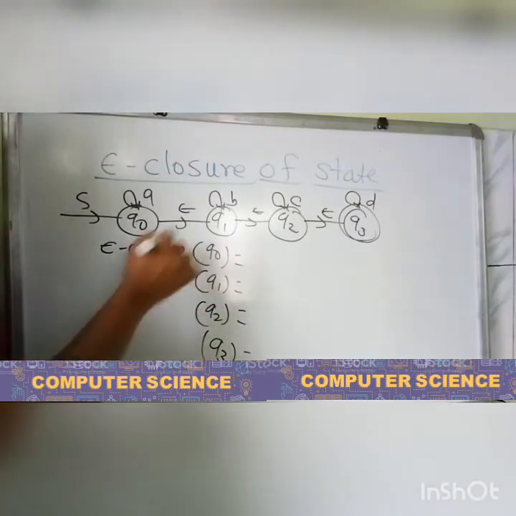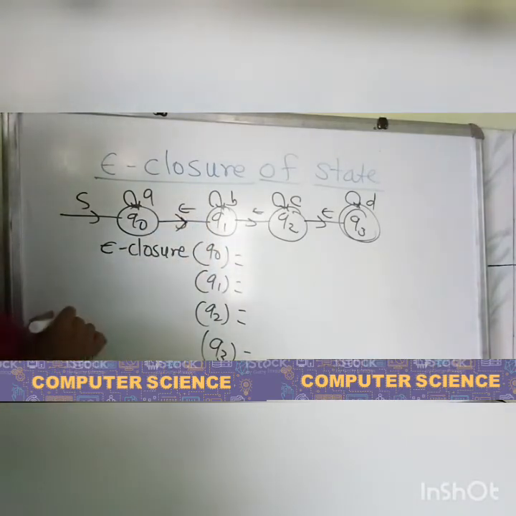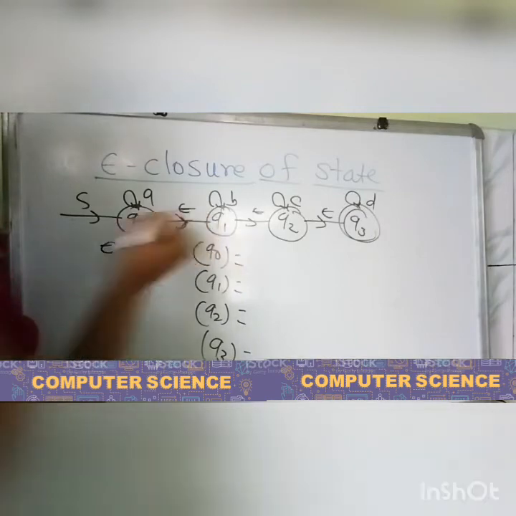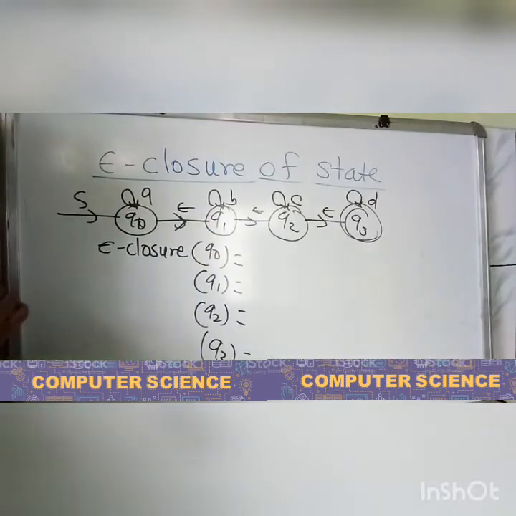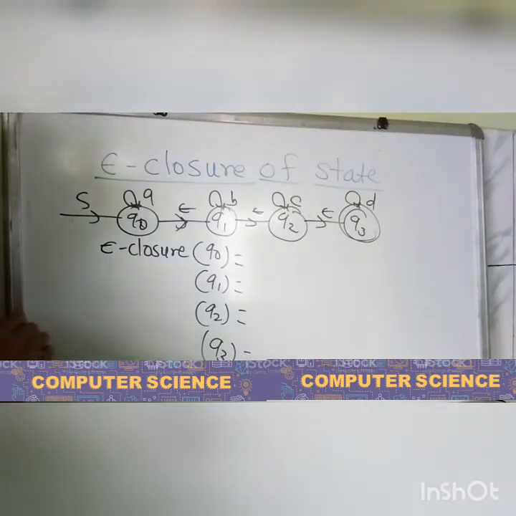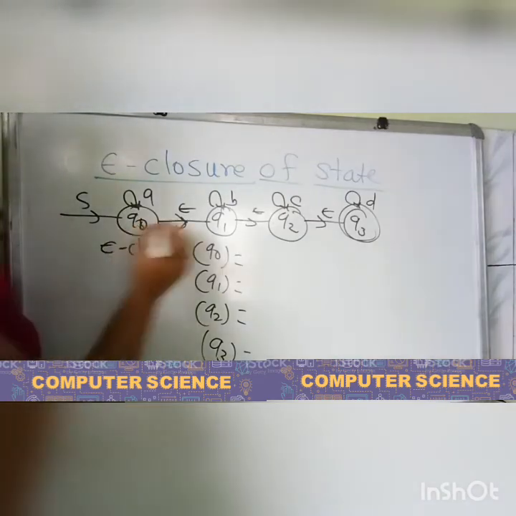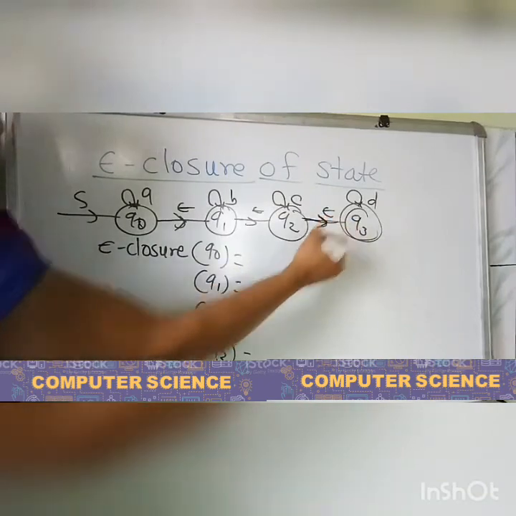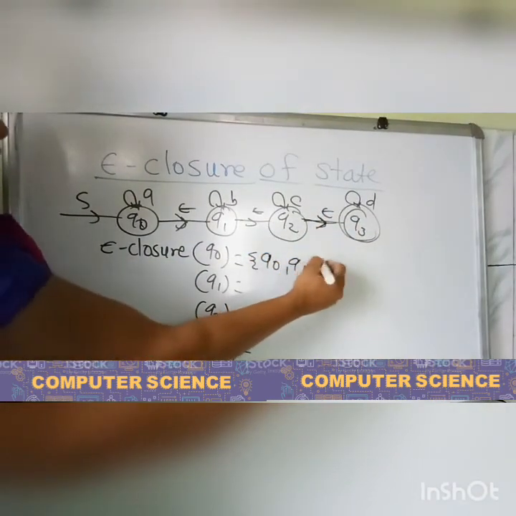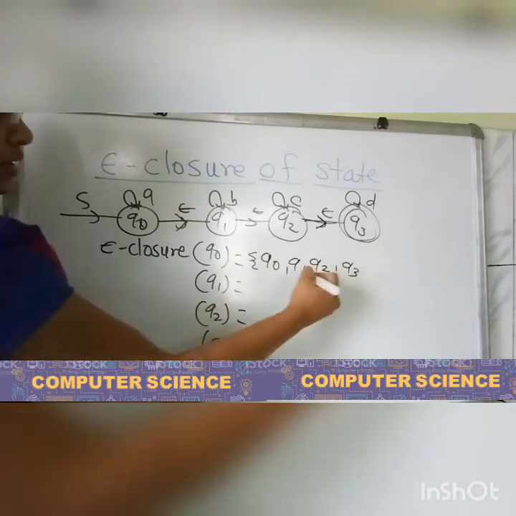In this example, Q0 is connected with Q1 by epsilon, then with Q2 again by epsilon, and Q3 again by epsilon. So we have to collect all the states connected by the epsilon series: Q0, Q1, Q2, Q3.